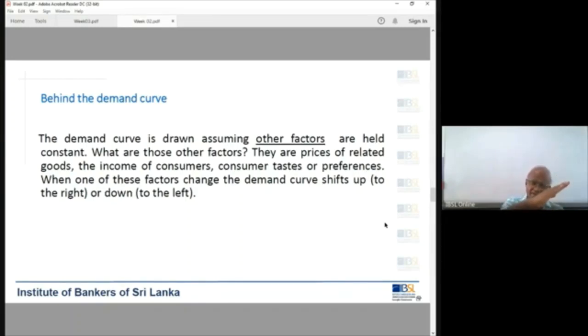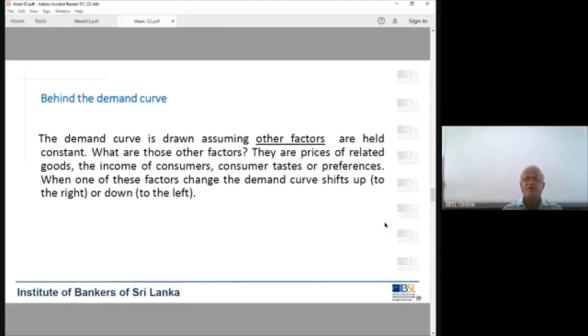When income decreases, demand decreases and the demand curve shifts down. Pre-COVID, post-COVID demand. Demand decreased. Why is that? Income decreases.